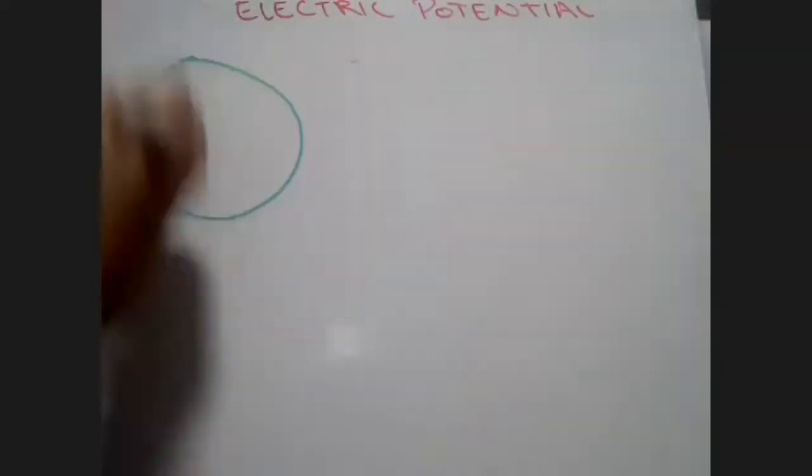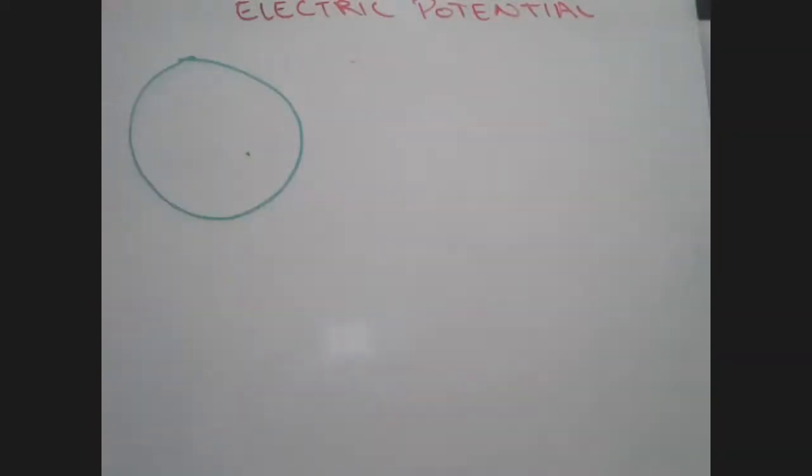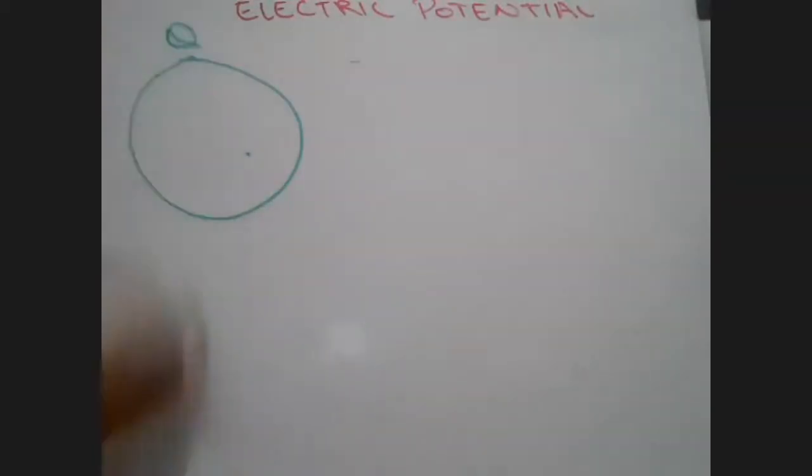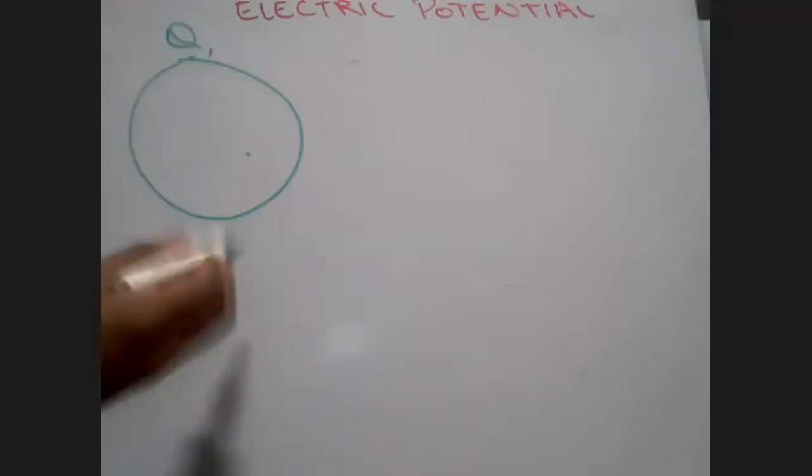Now I told you that there is a sphere, and I want to find out the potential inside the sphere. This green sphere is actually a solid, non-conducting sphere, with capital Q charge uniformly distributed over it. Capital R is the radius of it.